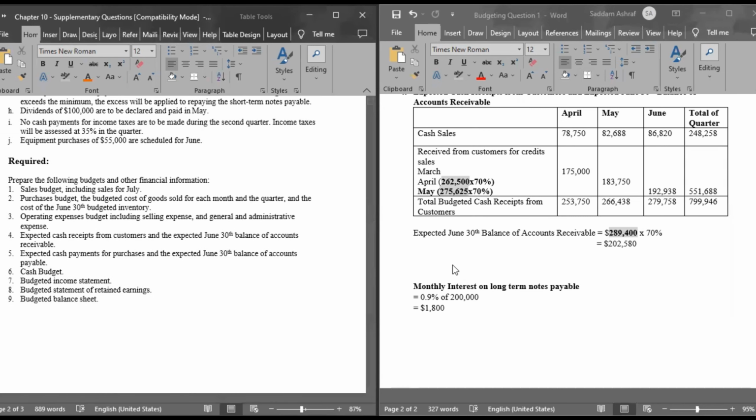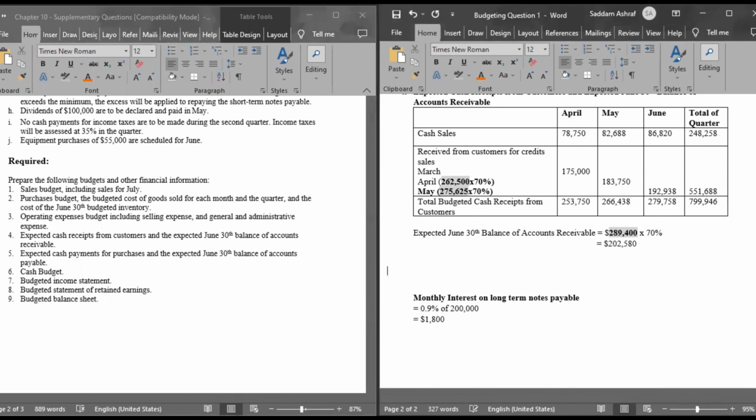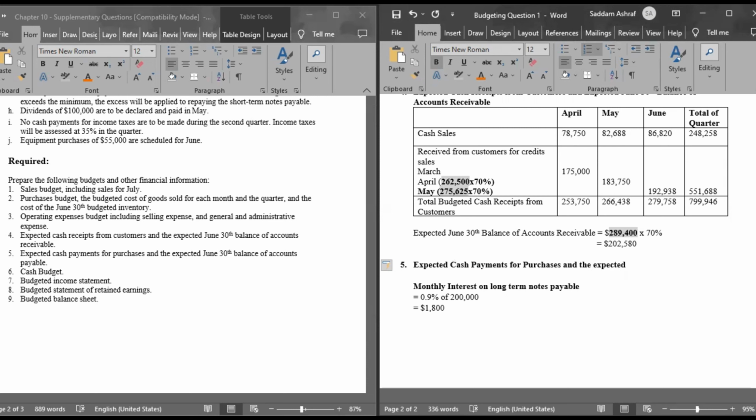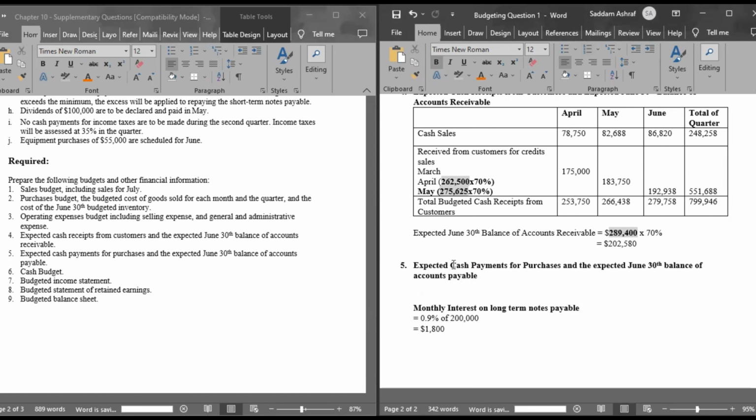So requirement number 5 is we need to calculate expected cash payments for purchases and the expected June 30th balance of accounts payable.